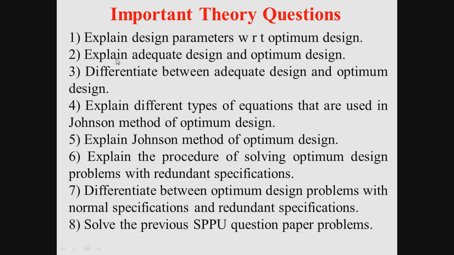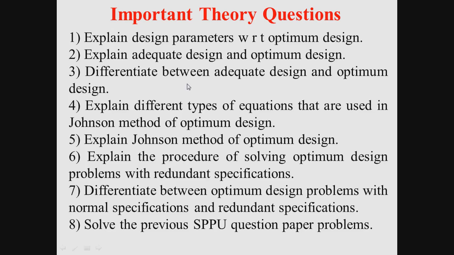Second question: explain adequate design and optimum design. I explained this at the start of the slides at the start of this video. Next question: differentiate between adequate design and optimum design.